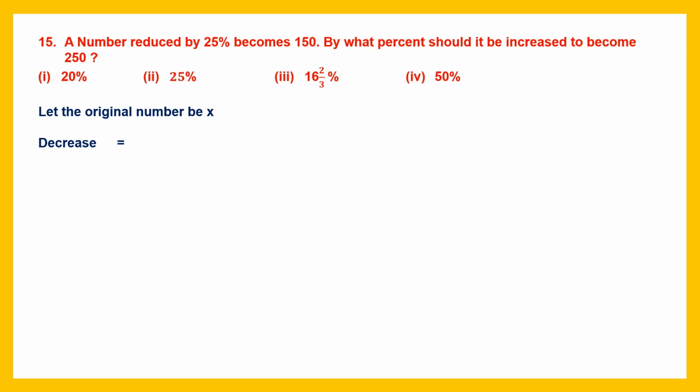So what is that decrease? That decrease is 25% of the number, that is x. So this will be 25 by 100 into x. So here let's simplify this, 25 ones are 25 and 25 fours are 100. So this becomes 1 into x is x, x by 4. So the decrease is x by 4.